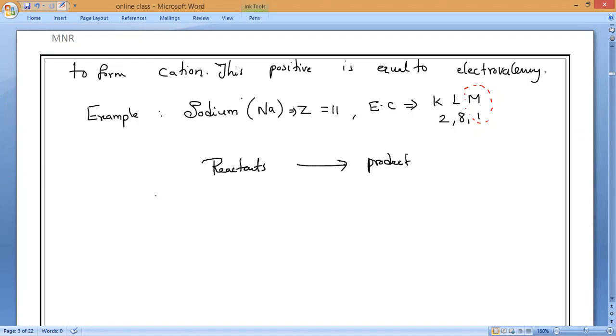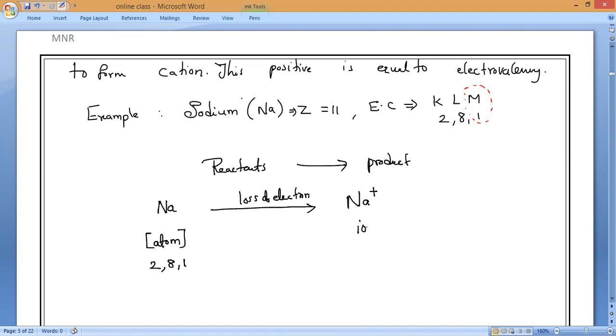Now I will take the sodium atom. What is the electronic configuration? 2, 8, 1. Now this sodium, by loss of electron, will turn into a sodium ion.